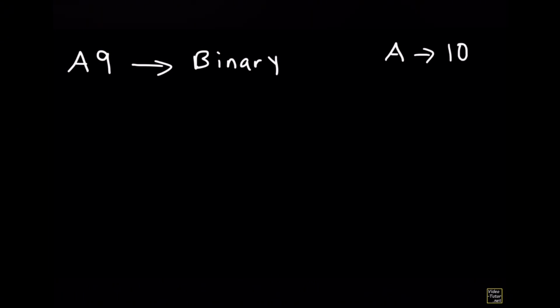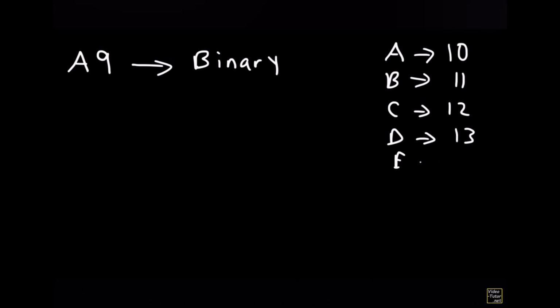In the hexadecimal system, A corresponds to 10, B corresponds to 11, C corresponds to 12, D corresponds to 13, E corresponds to 14, F corresponds to 15. So, we can replace A with 10.